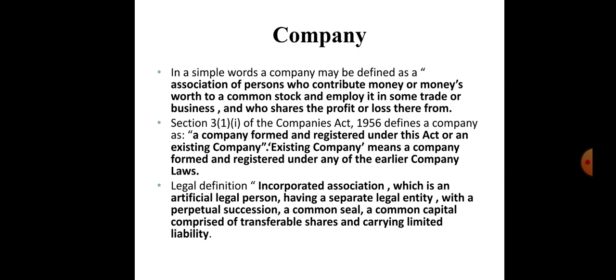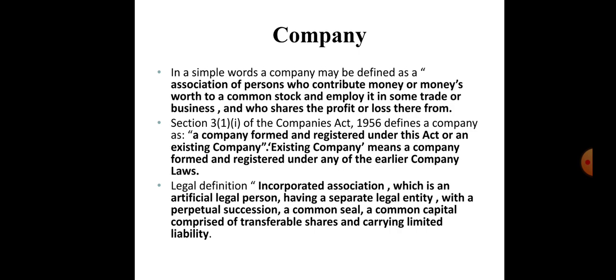The legal definition includes an incorporated association, which is an artificial legal person having a separate legal entity with perpetual succession, a common seal, a common capital comprised of transferable shares, and carrying limited liability.